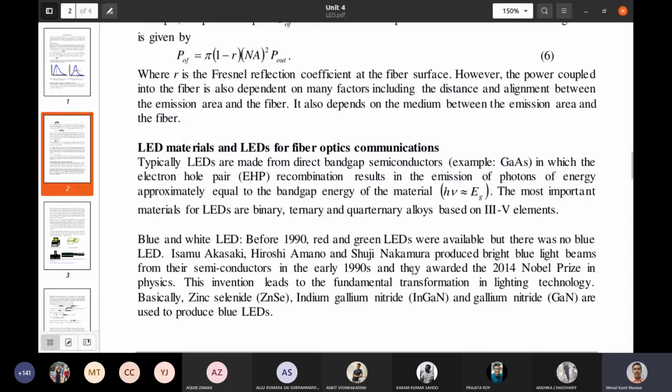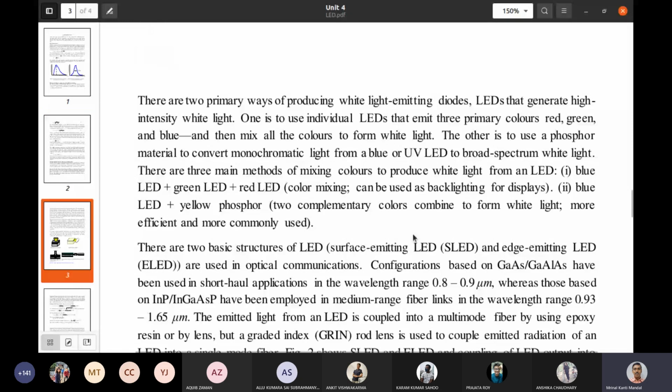Then blue light as well as white light LED is available commercially, and based on that, by color combination, they have designed the LED, that is blue, green, and red combined. By color mixing, they design the white light LED, or blue and yellow phosphor can be combined to form the white light LED.